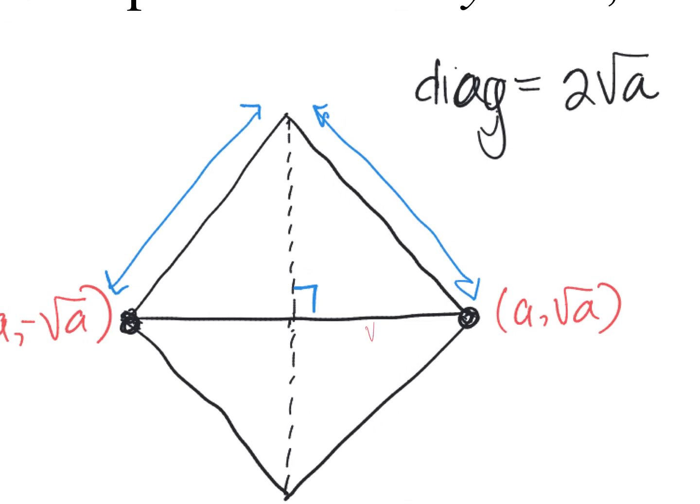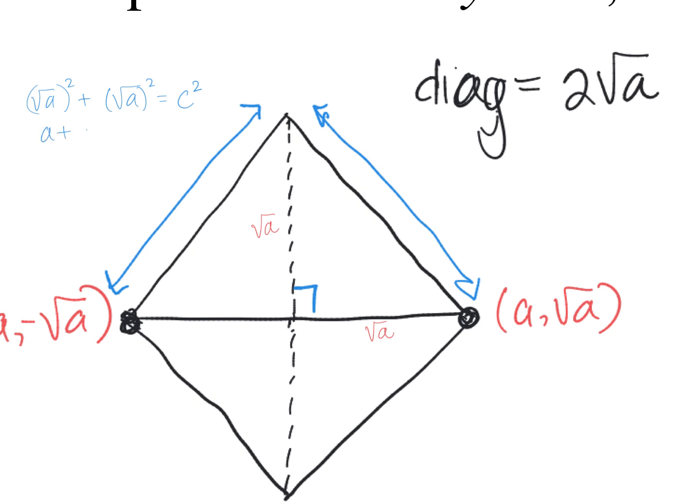We know that this is rad A. We know by symmetry that this has to also be rad A. So you can use the Pythagorean theorem to figure out the hypotenuse of that little baby right triangle in there. So if we do a squared plus b squared equals c squared, we'll have rad a squared plus rad a squared equals the hypotenuse squared.